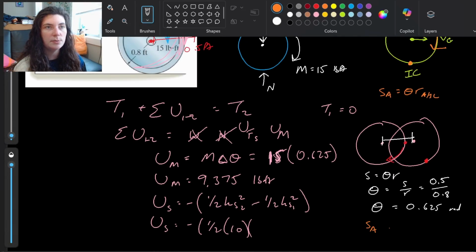So my displacement of point A is going to be 0.625 times the full diameter of the wheel, 1.6. So the displacement that the spring actually goes through is 0.625 times 1.6, which is 1.